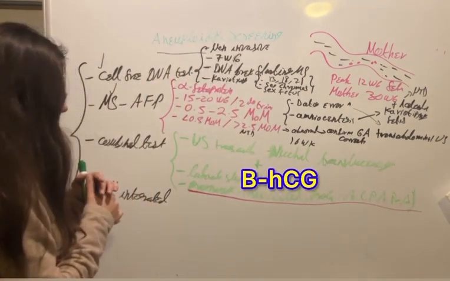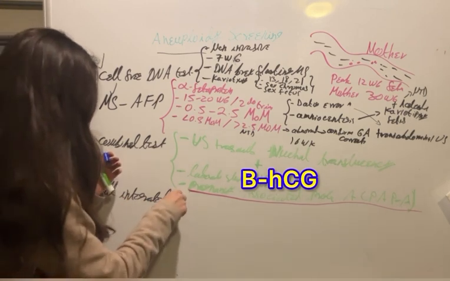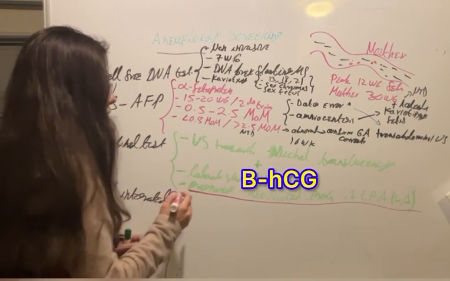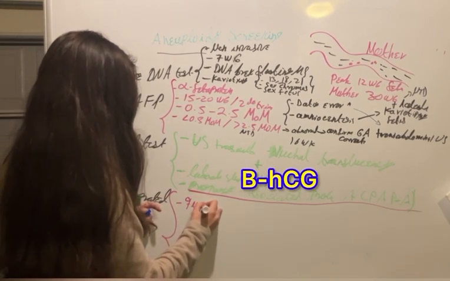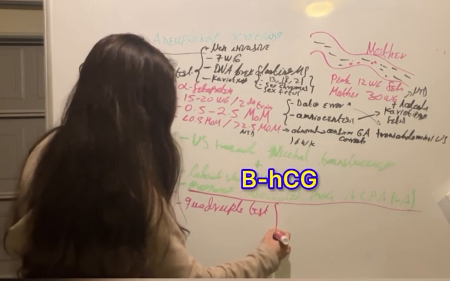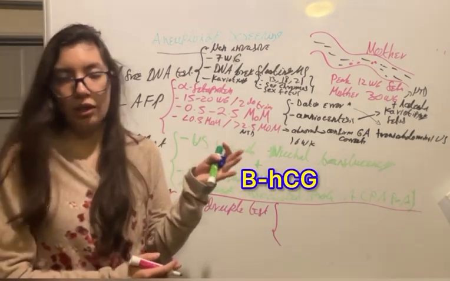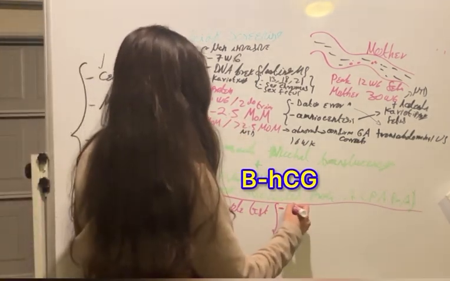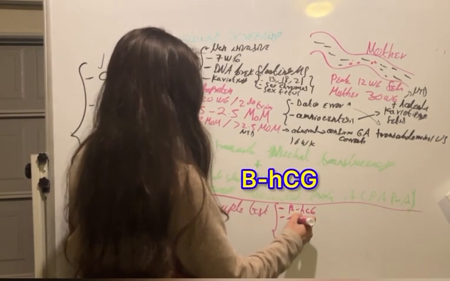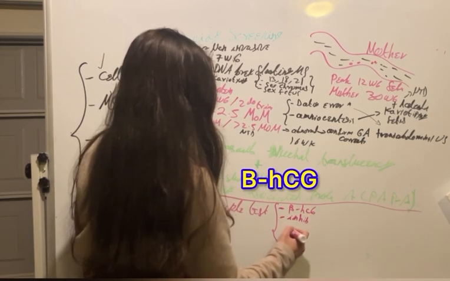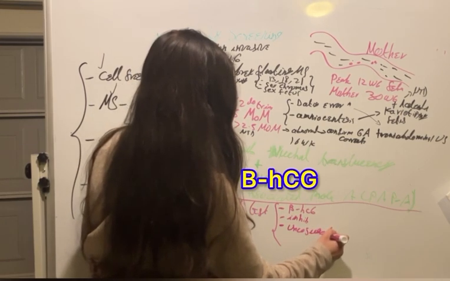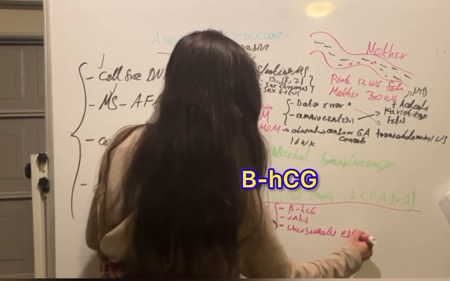And the full integrated test: we do the quadruple test, which is for maternal serum values, which is beta HCG, inhibin, unconjugated estradiol.